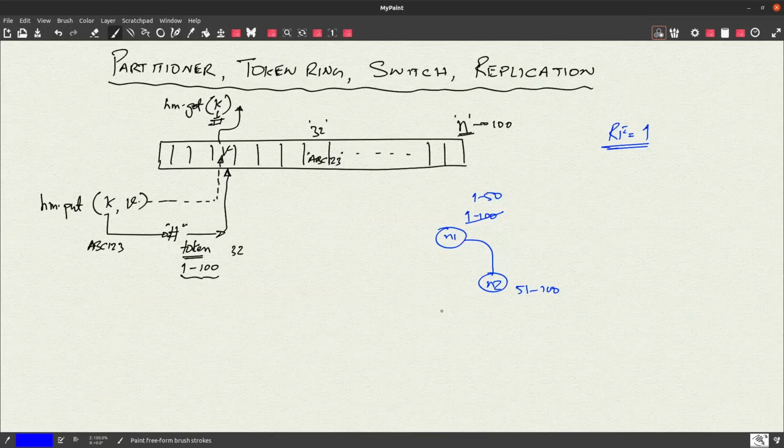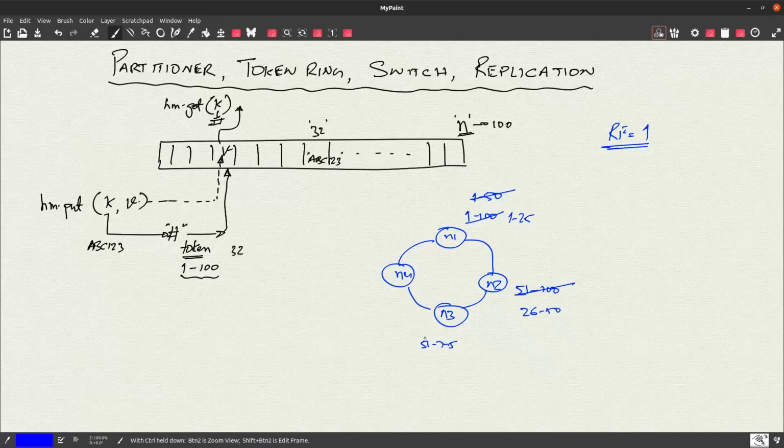So therefore, logic says, if I have more nodes, what's going to happen? 4 nodes, range of token. This will now become 1 through 25. This will become 26 to 50. This will become 51 to 75.